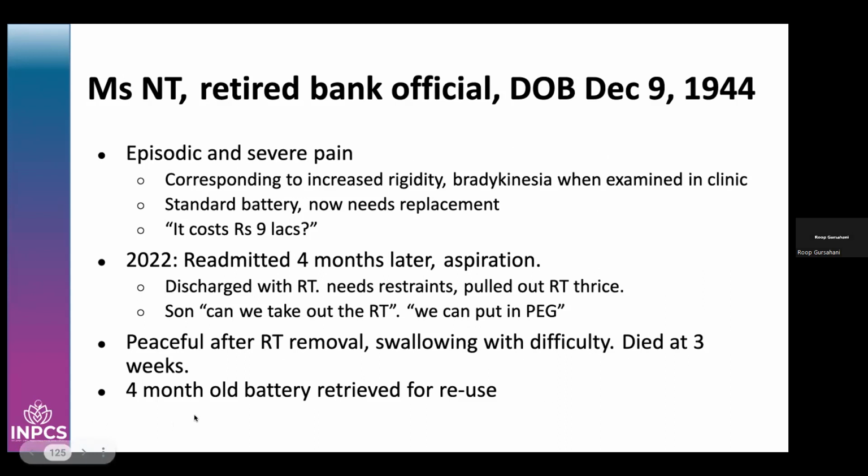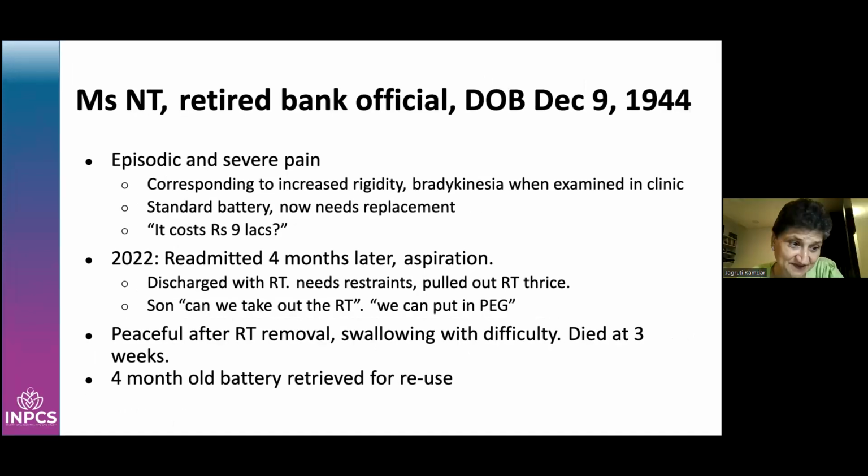Jagruti is here, and she would remember that we've had a similar situation of Parkinson's patients where the family came to the point of removing the Ryles tube and managing the patient. Yes, sir. Would you want to say something quickly? A couple of minutes? Yes. Family wanted to remove the Ryles tube, but the daughter was a little resistant.